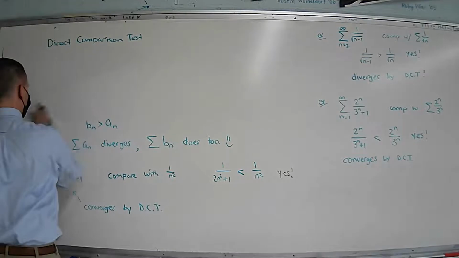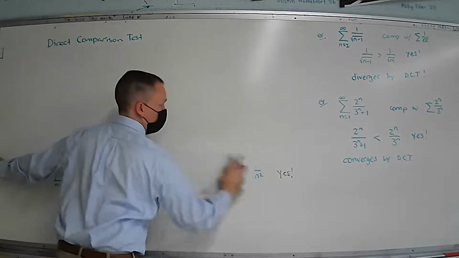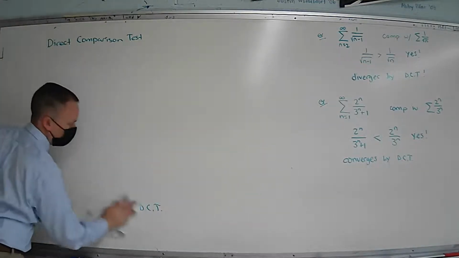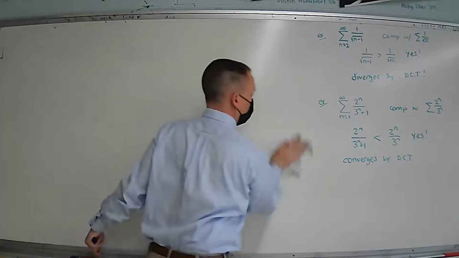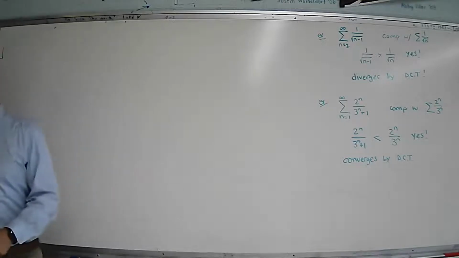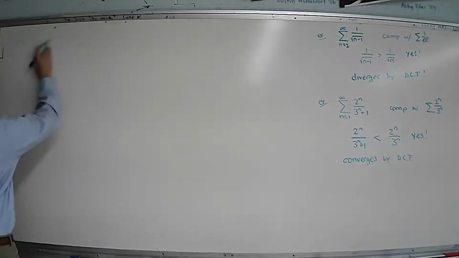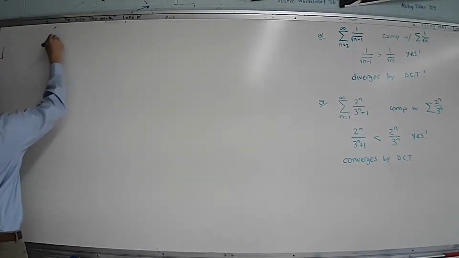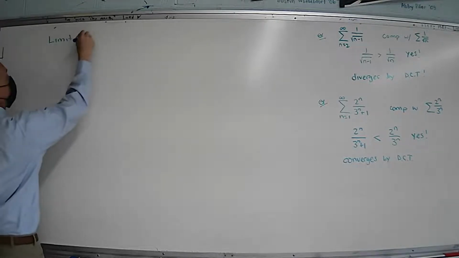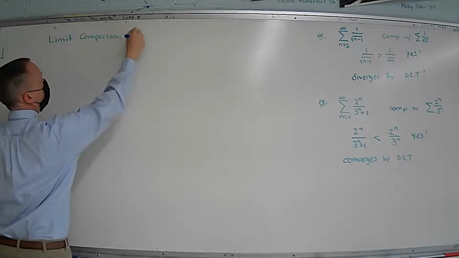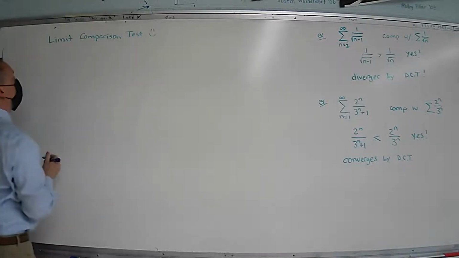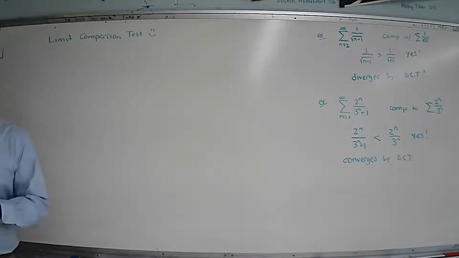All right, so let's go limit comparison test. I like this one better. This is probably my second favorite test of all. The ratio test is my favorite, but we haven't learned that yet. The limit comparison test. So again, we're going to have a known series and an unknown series.